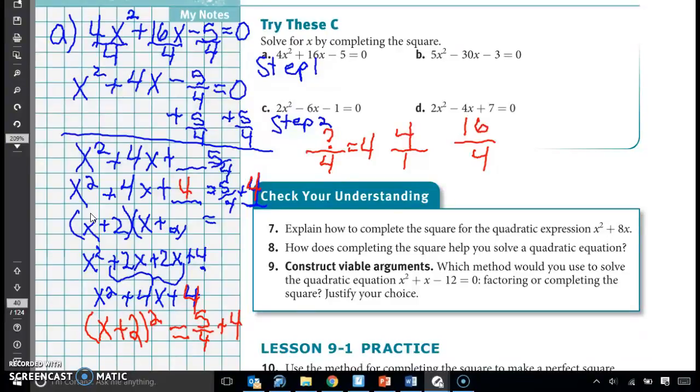So that we have 5 over 4 plus 16 over 4. So we're adding, and the denominators are the same. So 21, I added it, and then it's 21 over 4 over here.